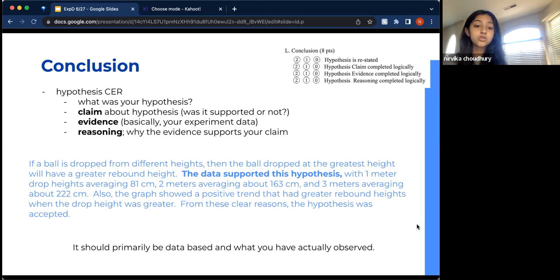So they're giving concrete numerical data. 2 meters averaging about 163 centimeters, and 3 meters averaging about 222 centimeters. Also, the graph showed a positive trend that had greater rebound heights when the drop height was greater. From these clear reasons, the hypothesis was accepted. So, very simple, very short, but communicates a lot.